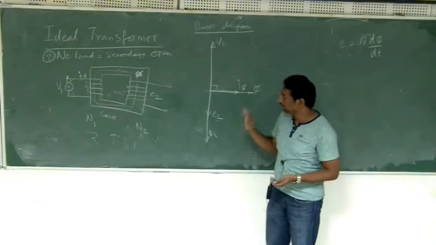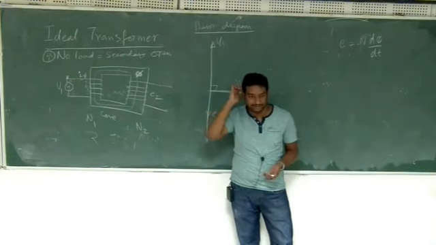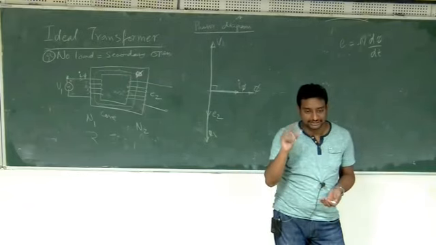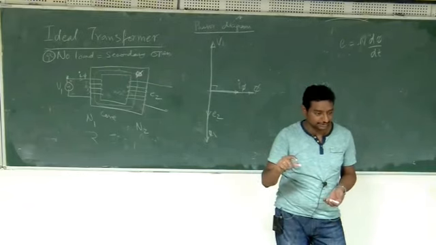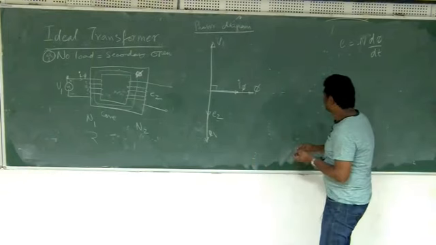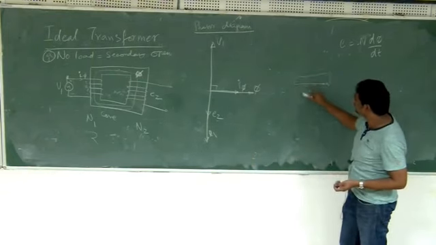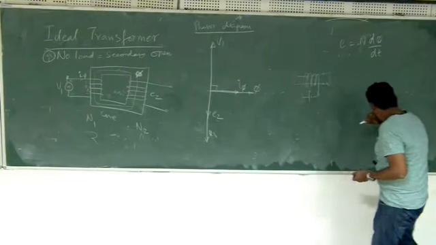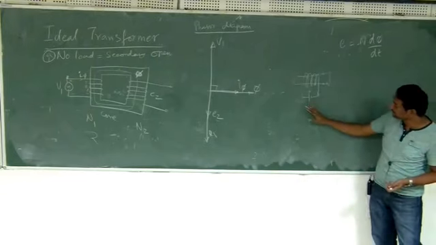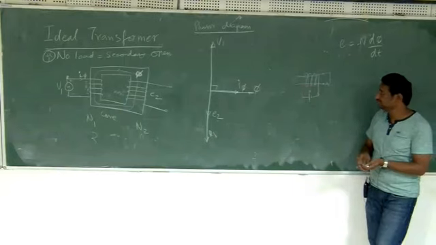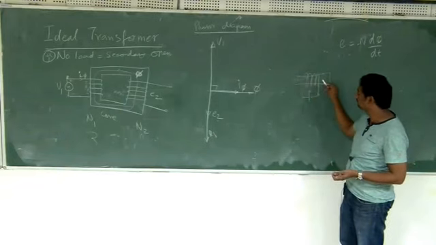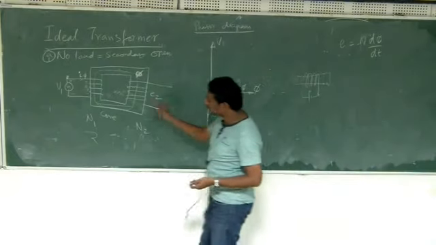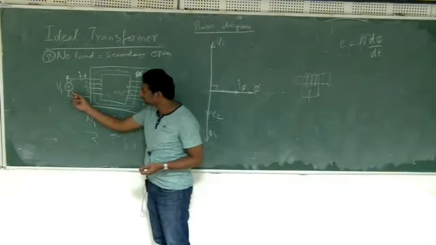But unlike a DC electromagnet, in which the flux direction is always constant, if you pass DC current, the direction will be north and south all the time. In this case, I'm sending AC.